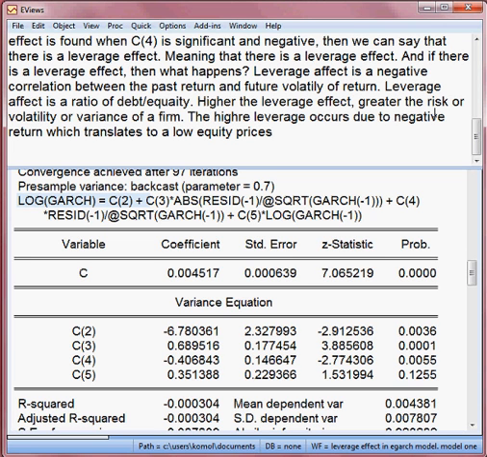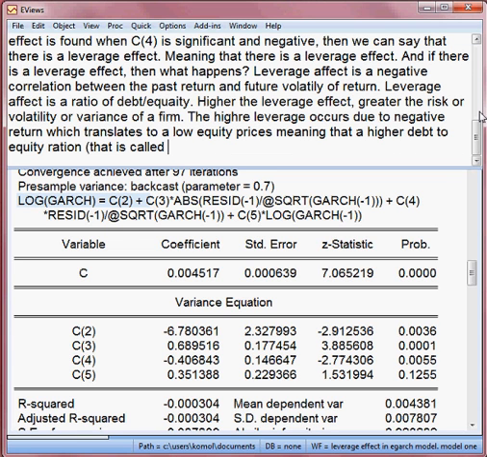meaning that a higher debt to equity ratio, and that is called leverage.